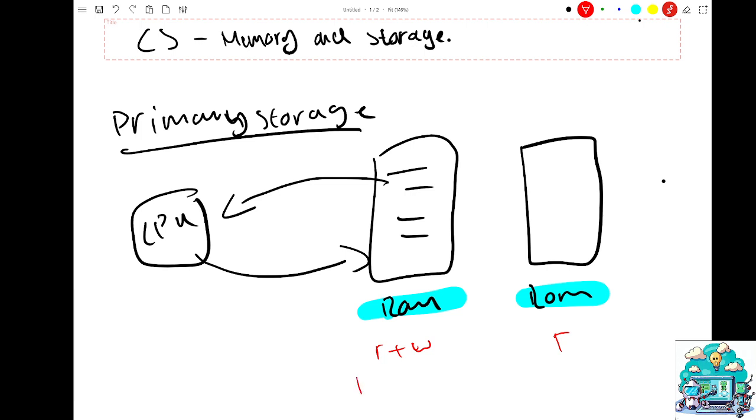Normally it'll start around 8 gigabytes, and then 16, 32, 64. But ROM is not easily upgradable, as it's soldered onto the motherboard.